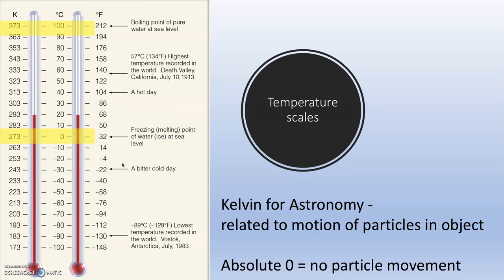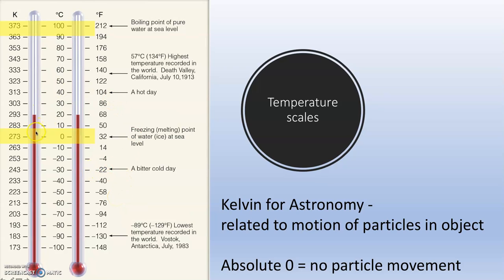There are no electrons moving. There is no particle moving in that object. We cannot see absolute zero on Earth. And we're wondering if we can find absolute zero in space. Maybe you can find it. But we use Kelvin, and absolute zero is no particle movement at all.